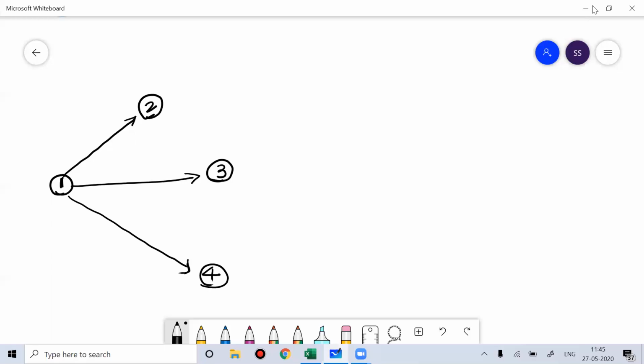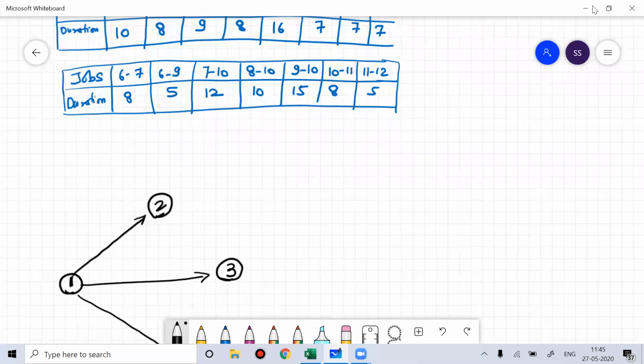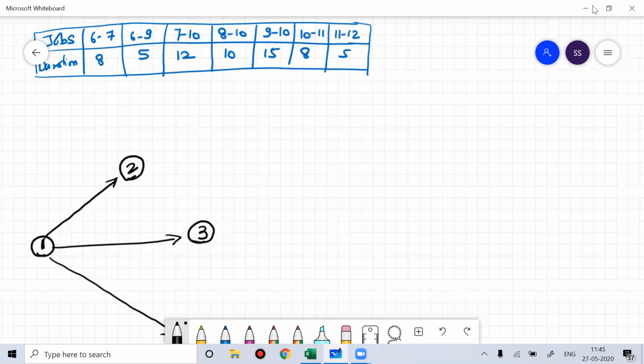So I've drawn the network diagram of activities 1 to 2, 1 to 3, 1 to 4, then 2 to 5.